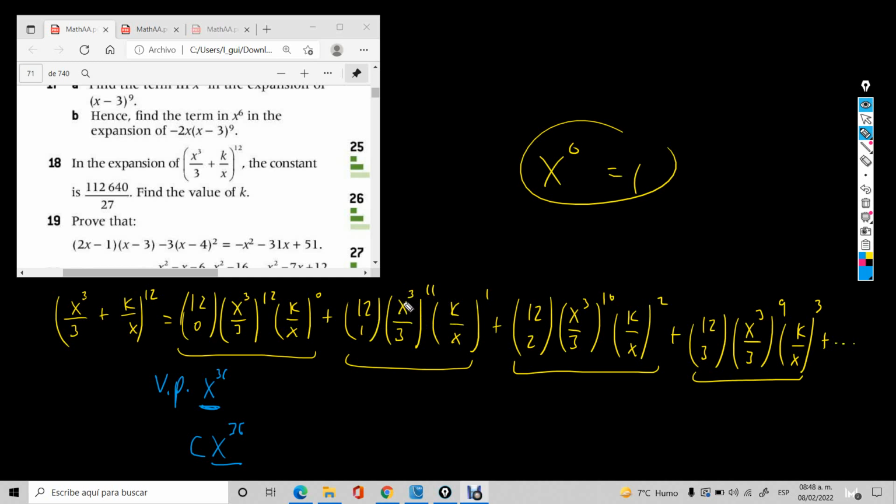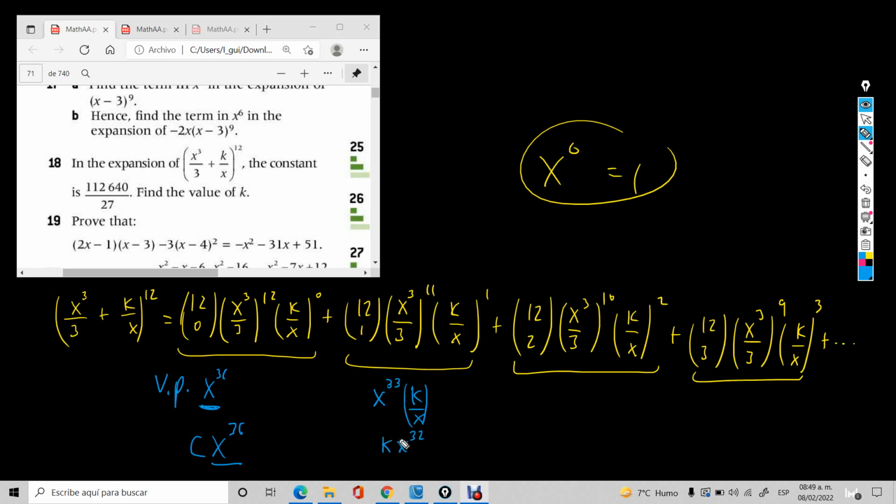What about this one? Look at just the variables, x to the 3 to the 11. That's going to be x to the 33. And then you have this other variable part in here, k over x to the 1. So you can have k over x, right? And when you multiply this, you're going to have k times x to the 32.